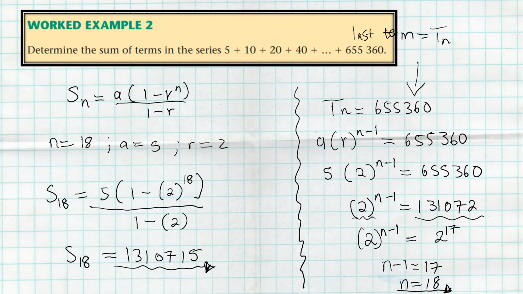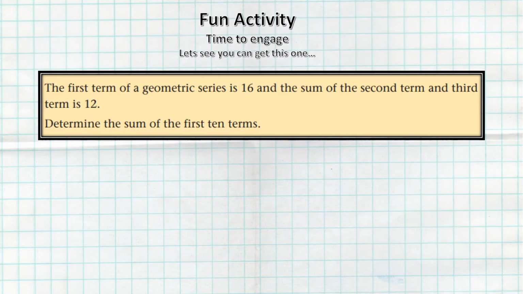Okay, let's just take this time to give you a fun activity to help you engage in this session, and let's see who can get this one. Just pause the video, read the question and try to answer it. Drop your answer in the comment section, and I'll reply and tell you if you're correct.